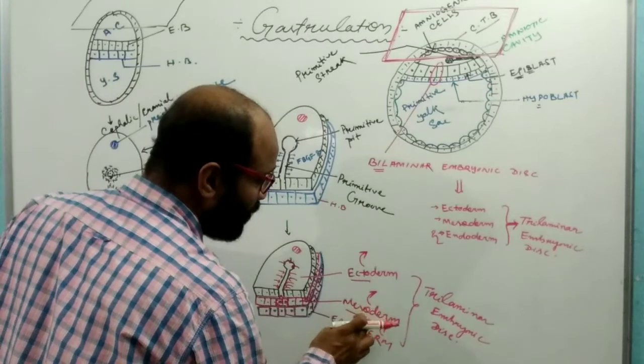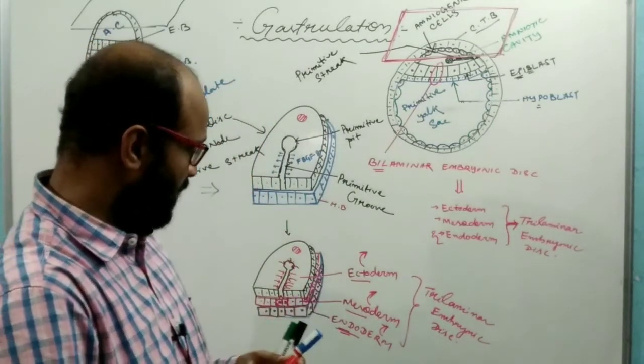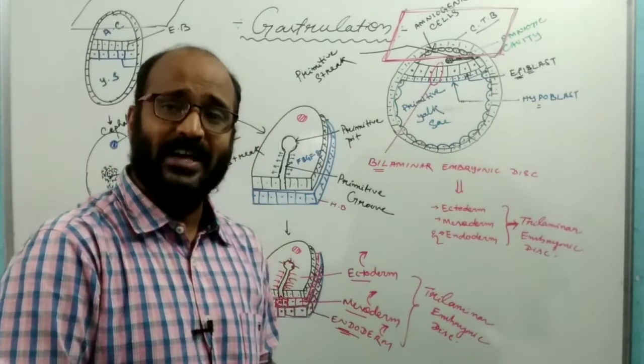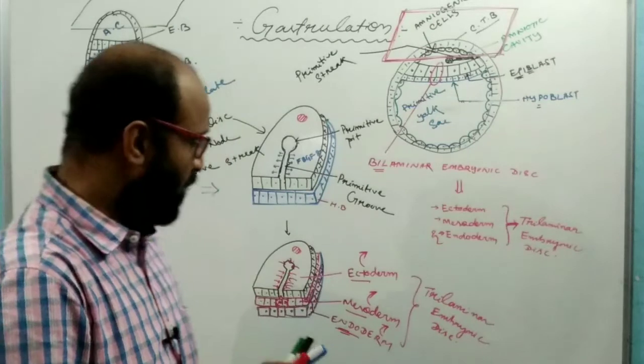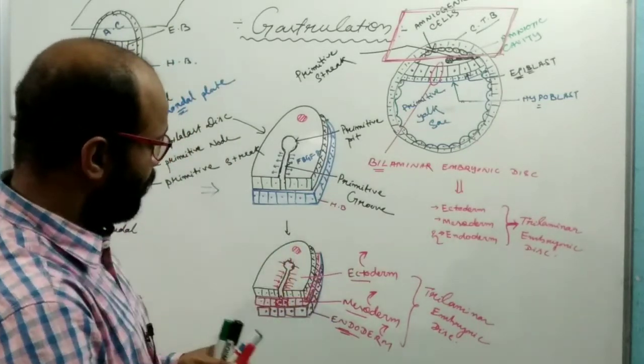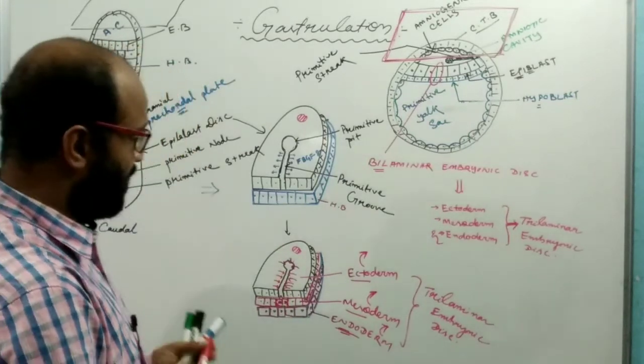So these 3 layers germinate our whole body. That's why these are known as the 3 germ layers, and why we are triploblastic animals, because at the time of development we have 3 germ layers.